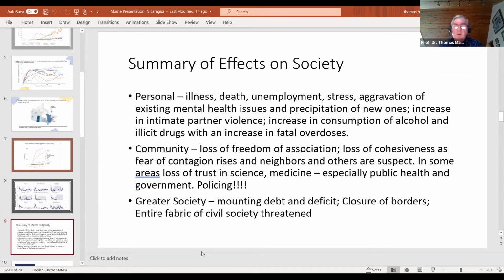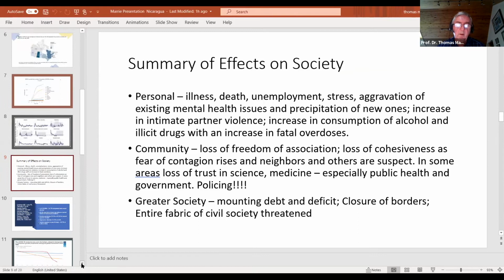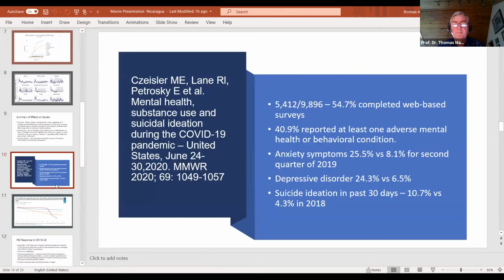We have closed borders not only from one country to another, but also even within a country, from state to state, there's been closures. So that's having quite an effect on us as a society. And indeed, the entire fabric of civil society has been threatened in some countries more than others.